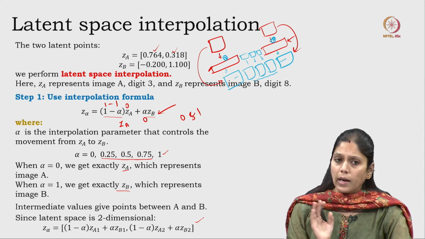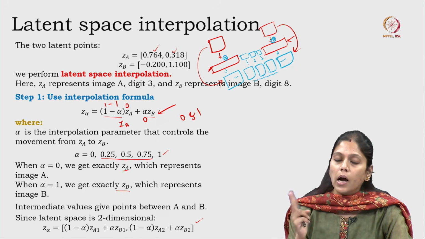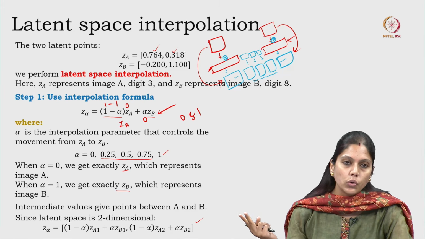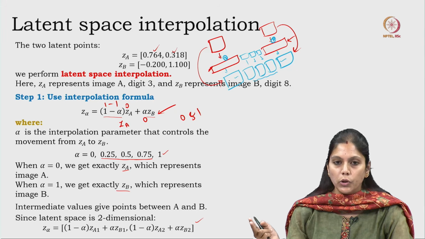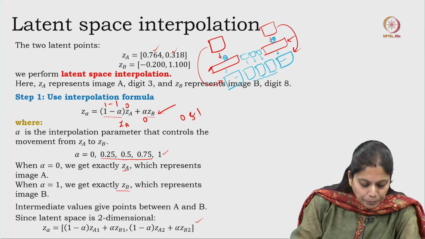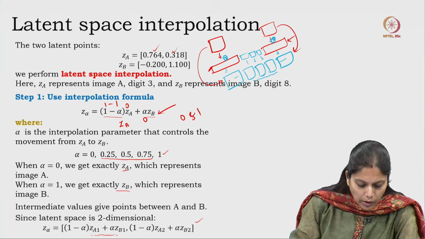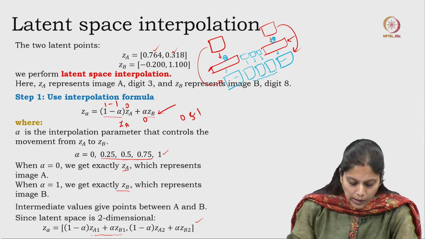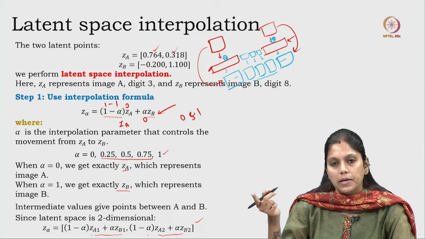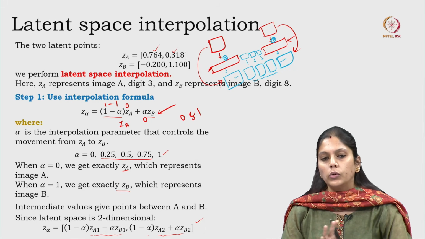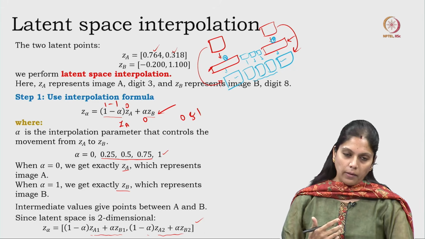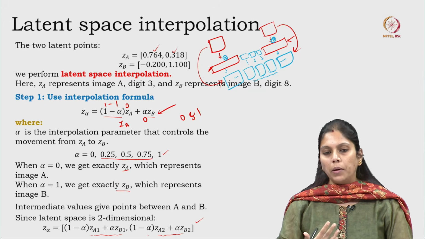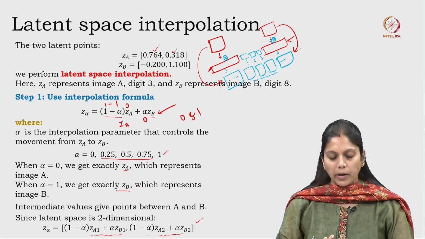It is once again the same, but since there are 2 terms, we use ZA1, ZA2, ZB1, ZB2. This entire part is with respect to the first, and this entire part is with respect to the second. Rather than me reading out this formula, you can see it so you understand it better.